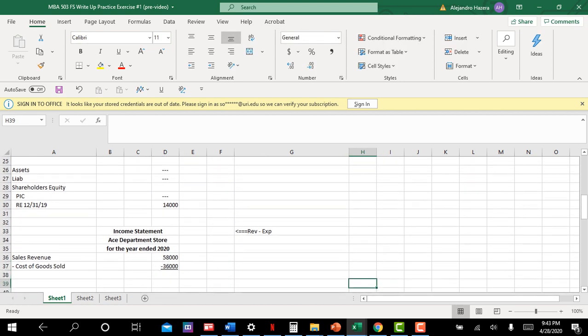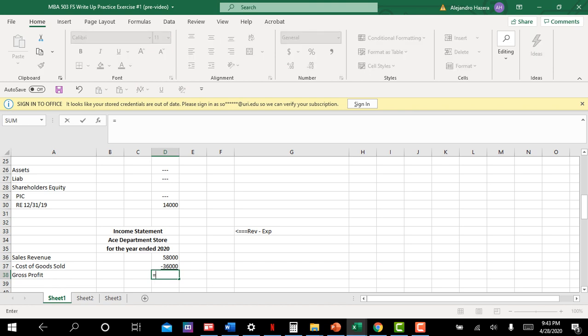Okay, so what companies do is they take their sales revenue, deduct their cost of goods sold, and that gives them gross profit. Most companies that are in retail or manufacturing of some sort use a subtotal called gross profit. And this gross profit is incredibly important. It's basically your first line of profit.